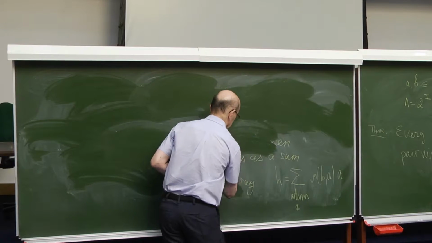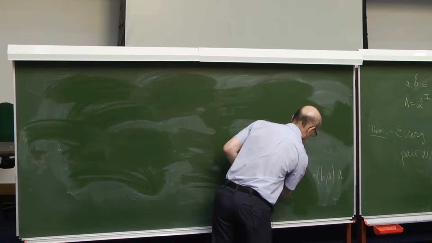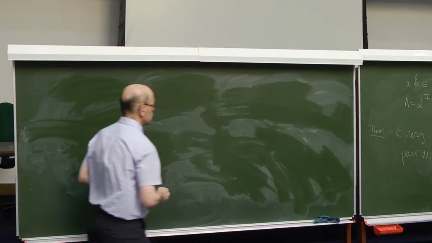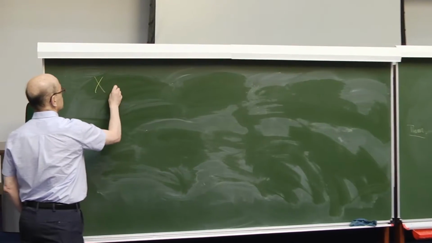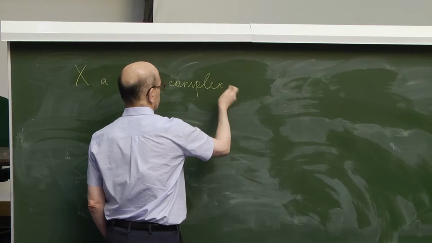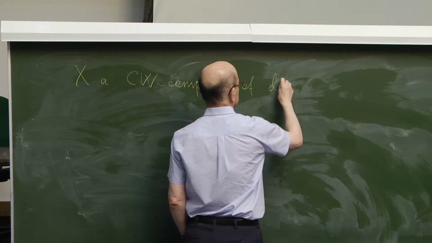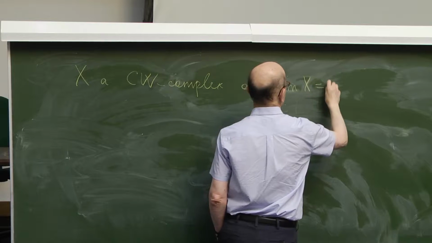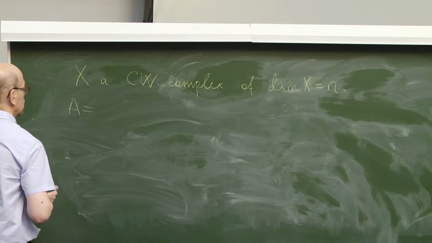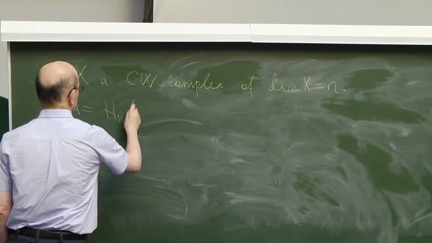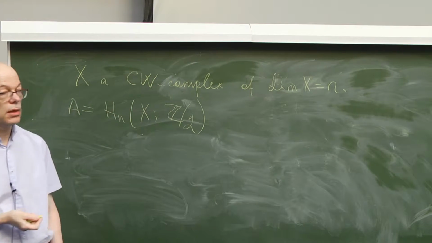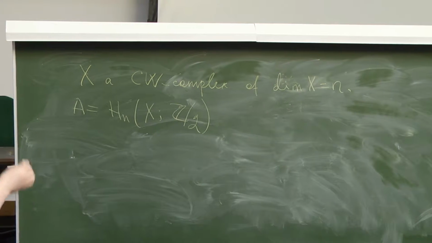So let's consider a CW complex X of a certain finite dimension n. And the following vector space A is the n-dimensional homology of X with Z2 coefficients, so the highest dimensional homology.